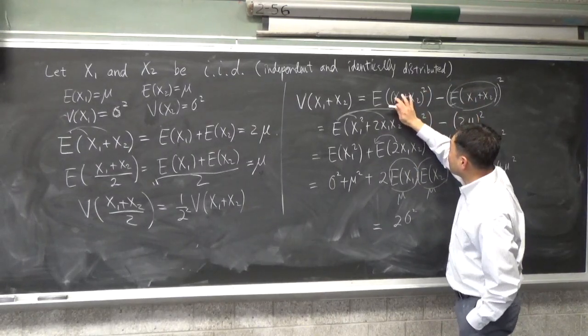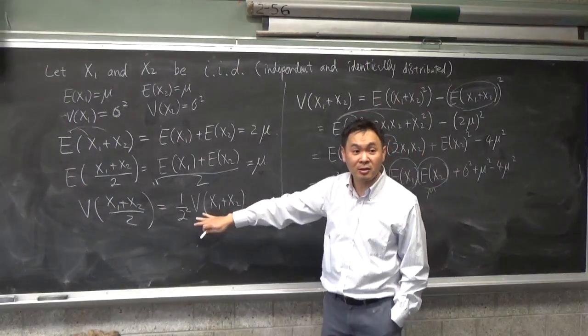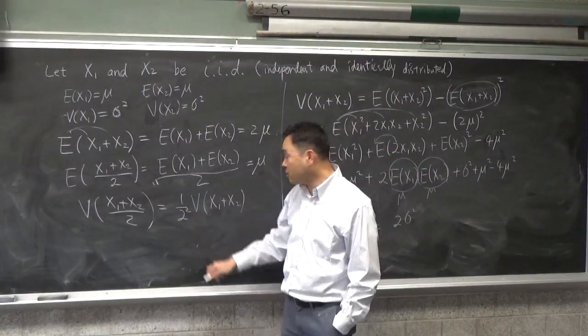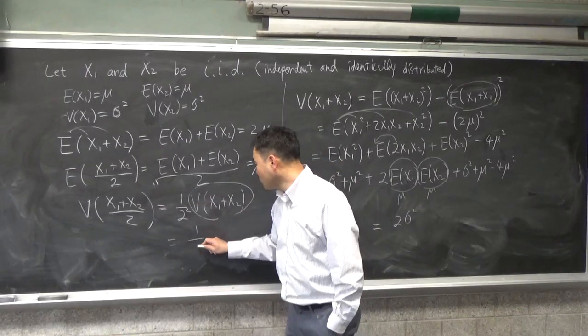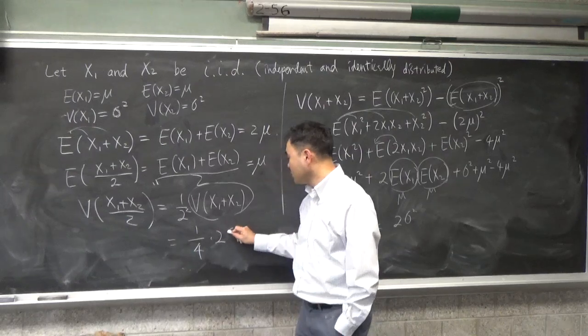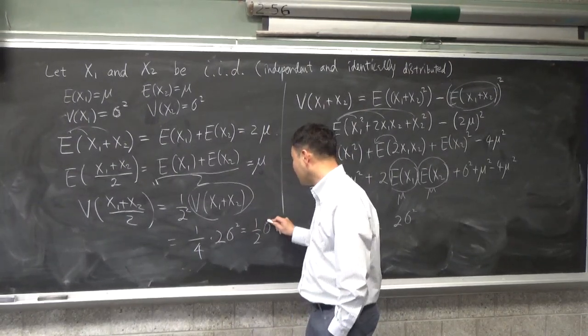So it comes out as (1/2) squared. But then what is this? This is 1 over 4 times 2 sigma squared. So that means 1/2 sigma squared is what you get.